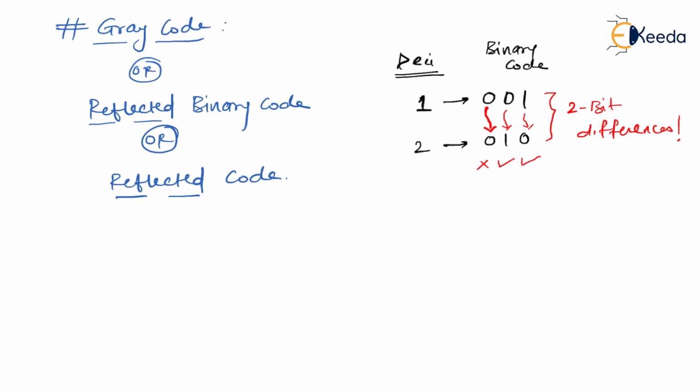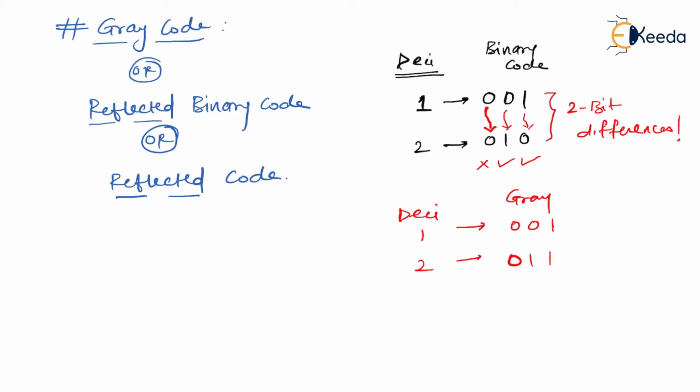Now if you look at gray code or a set of such gray codes, you just randomly take any two consecutive gray codes and compare with each other. You will always see there is only 1 bit difference. So if I have again the same numbers, let's say decimal 1 and decimal 2, and you look at their gray code generation, you will see 1 is represented the same as the binary code, that is 001, but 2 is changed to 011.